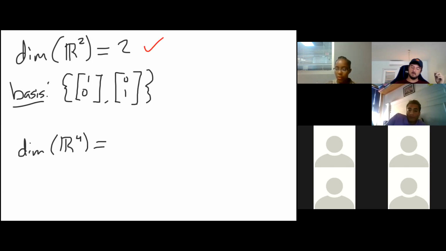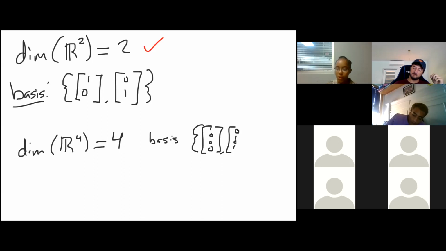Four. Yeah, it'll be 4. Nice, easy basis that I could create: 1, 0, 0, 0, 0, 1, 0, 0, 0, 0, 1, 0, and 0, 0, 0, 1. Though we also saw on Friday, that's not the only basis.